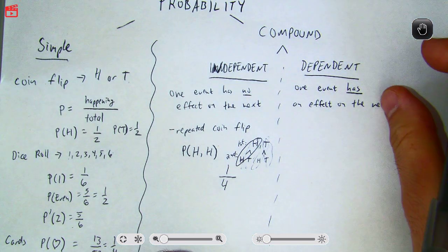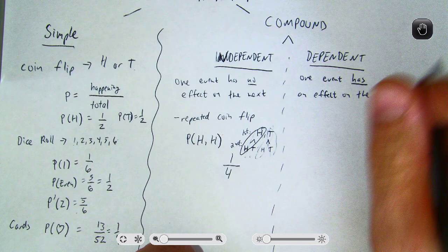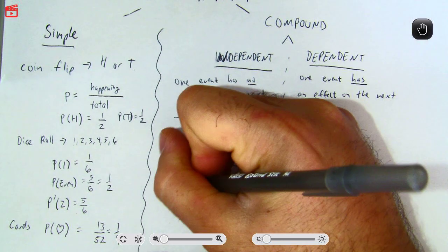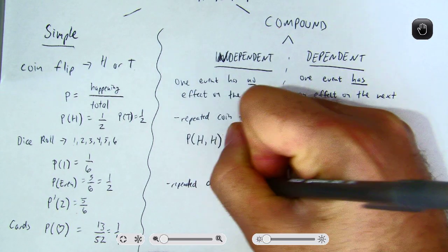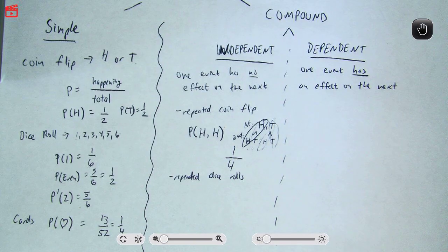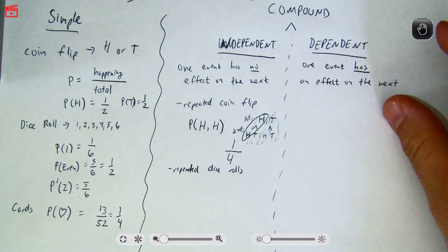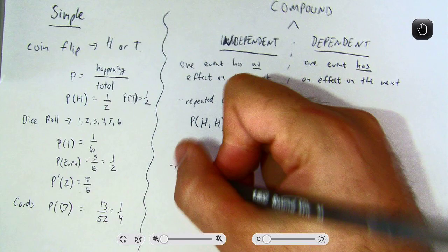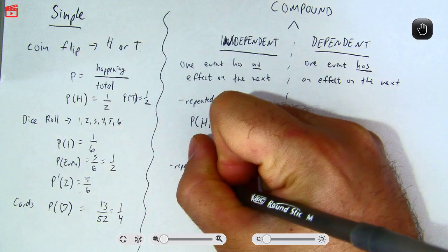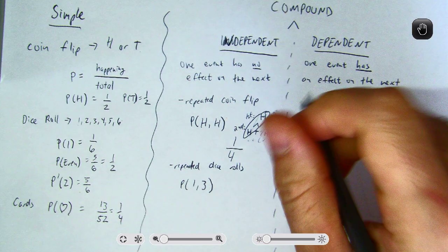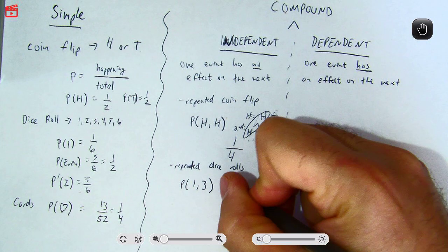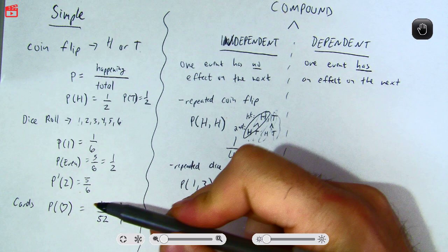Okay. Something else would be repeated dice rolls. So now the way you do this quickly, the chance of getting 2 events in a row. So probability of getting a 1 and then a 3 on a dice roll. The first probability was 1 out of 6, like we did on the other side.